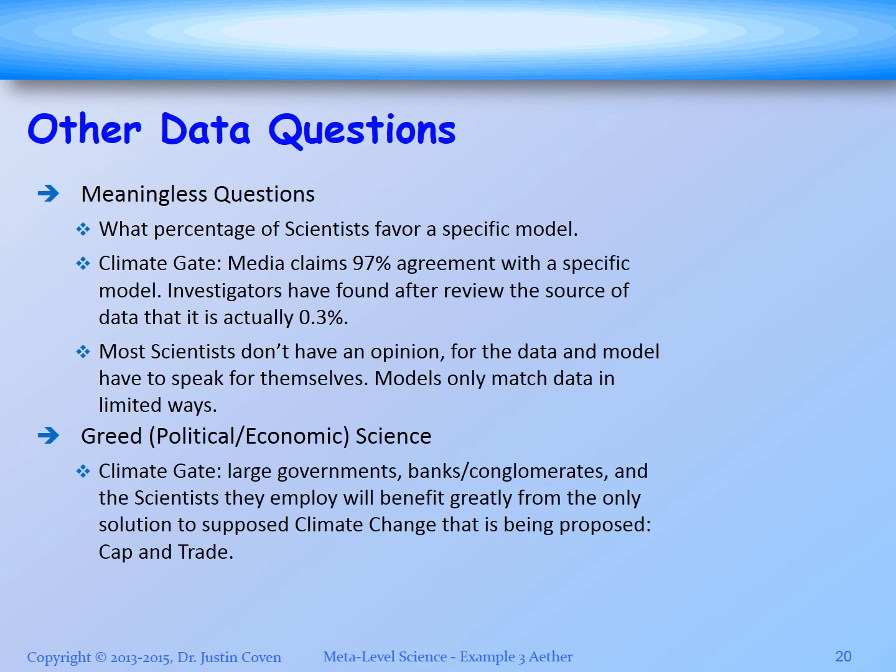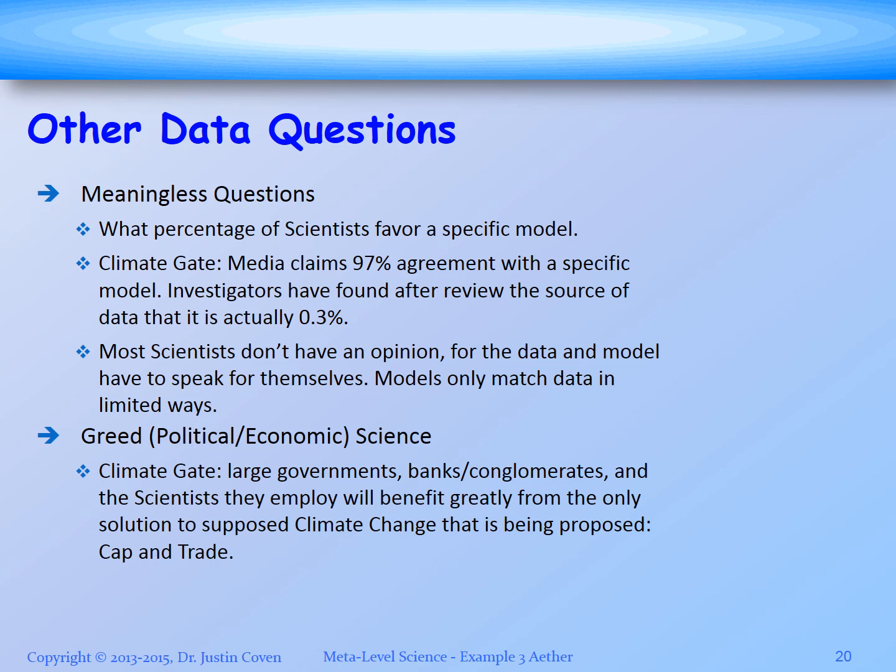Greed, political, and economic science. Something natural always happens, cannot be avoided. You need to have tools to minimize it. ClimateGate. Large governments, banks, conglomerates, and the scientists they employ will benefit greatly from the only solution to the supposed climate change that is being proposed.